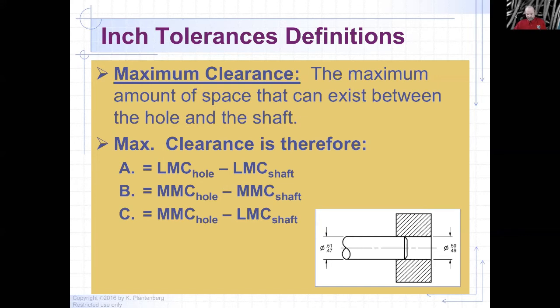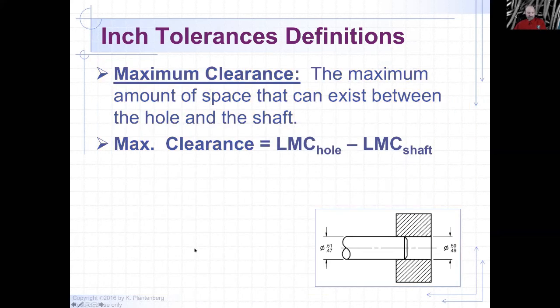Most of you are saying A. Least material condition of the hole means the hole is the biggest, and least material condition of the shaft is when the shaft is the smallest. So that'll leave you the biggest gap. That's maximum clearance.